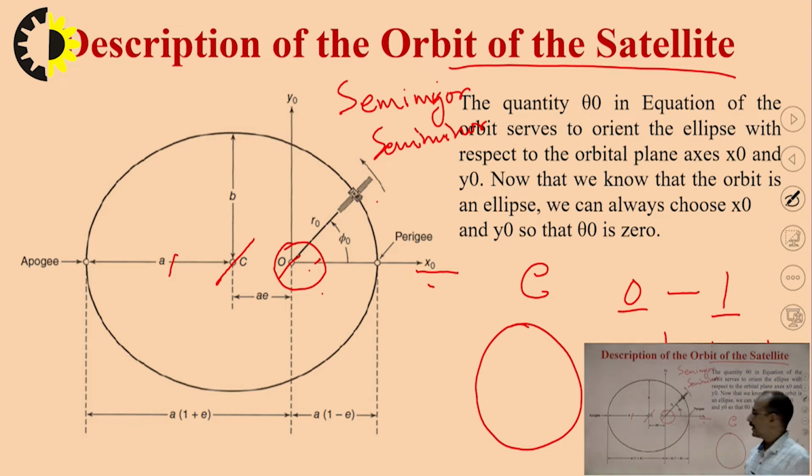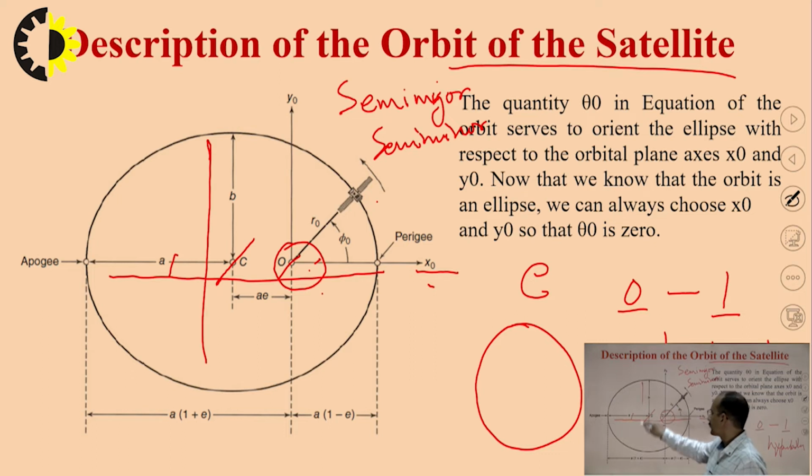You can see here the two axes of this ellipse. This axis is large, this is shorter. The shorter axis is known as the minor axis, and this is known as the major axis. Half of the major axis is called the semi-major axis and half of the minor axis is called the semi-minor axis.